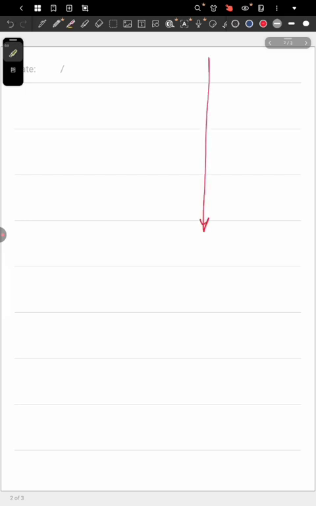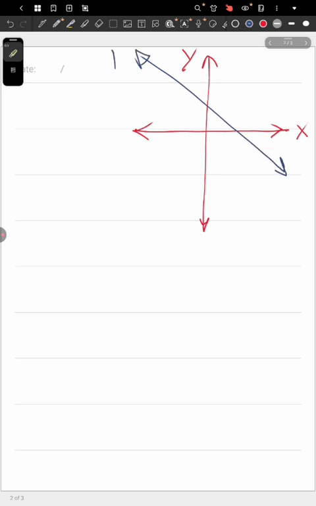These 2 lines are the x-axis and the y-axis. Okay, if the straight line is the blue line L, how can we find the slope of the straight line? You must give 2 points to find the slope.